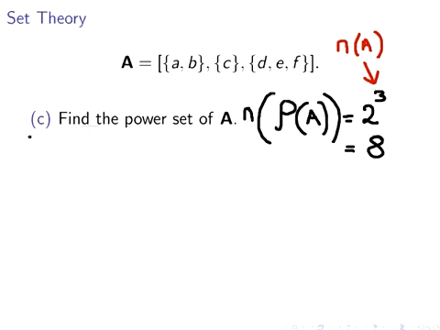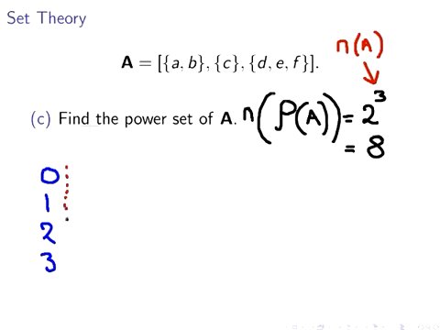Now I'm going to break it up a bit. This is not strictly necessary, but it makes it easier to explain. There's going to be an element of cardinality 0, and elements of cardinality 1, cardinality 2, and cardinality 3.